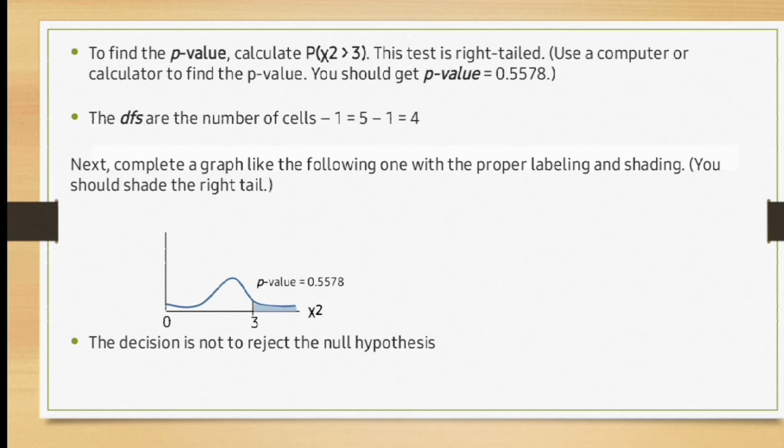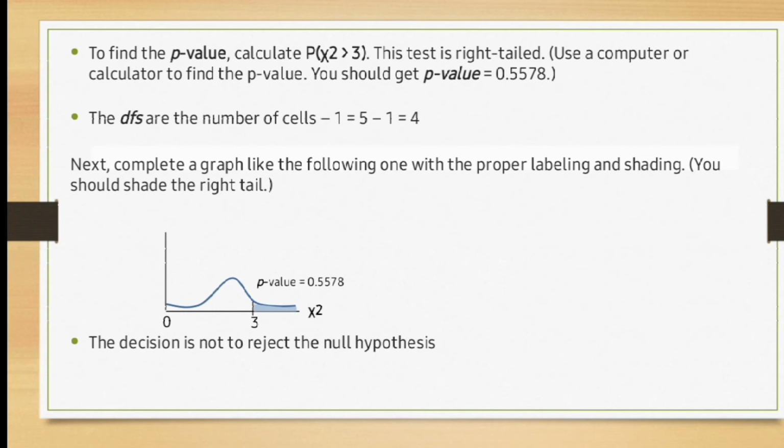Next, let's complete a graph like the following one with the proper labeling and shading. We should shade the right part of our curve. Since we have a test statistic of 3, from 3 to the right, let us shade that part. We include the p-value here because that is the area of the shaded part.